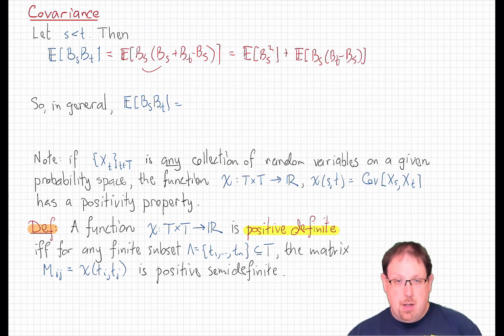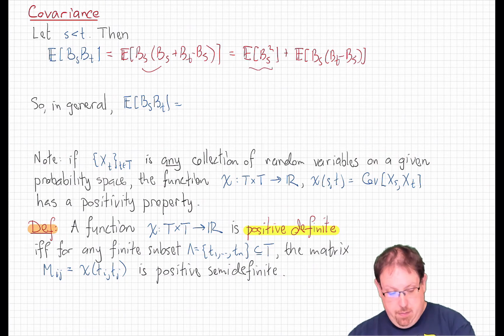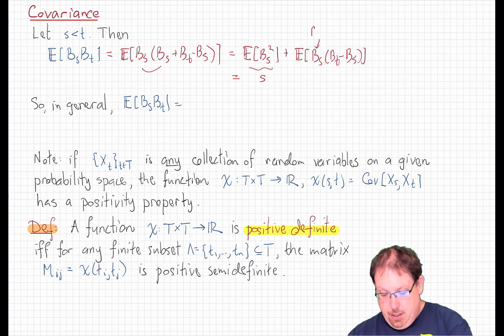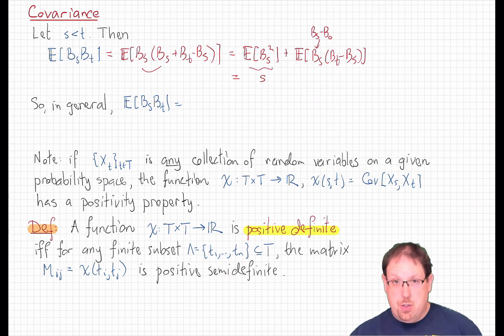Well, Brownian motion is normally distributed with variance s at each endpoint s, and so we know that this expected value is just s. And over here, because of the independence of these two increments, this, by the way, is an increment. It's B_s minus B_0, which will work in the case here where the Brownian motion starts at 0, because we can always translate to get to that case when we start in any fixed point x.